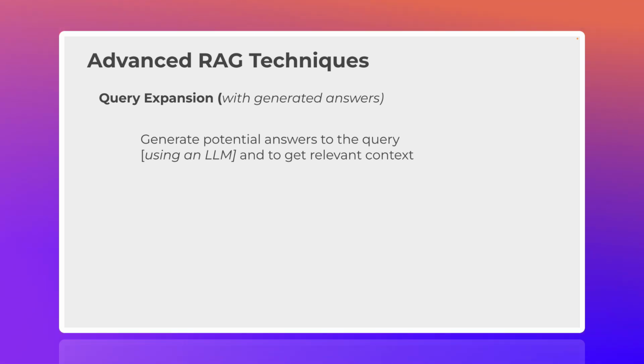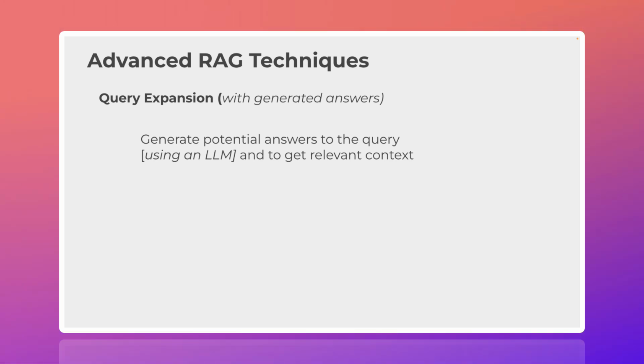These additional terms are selected based on various strategies such as synonyms, expansion, related terms, or contextually similar words. So the goal is to really capture more relevant documents that might not match the original query exactly, but are semantically related.